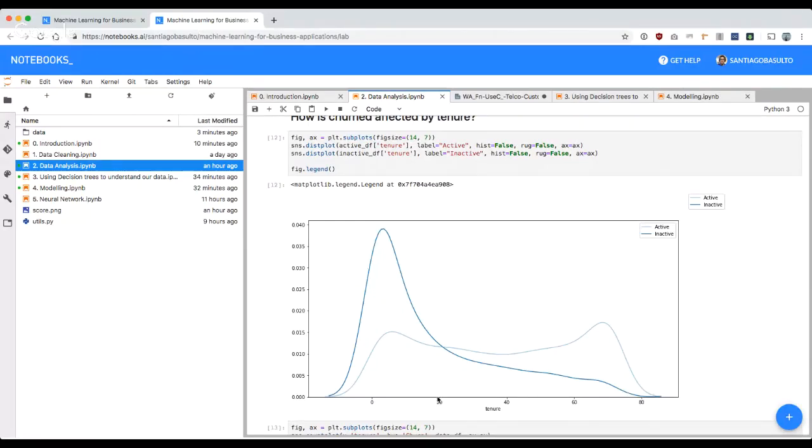So if there is a very important moment in which we should take action to retain a customer, it is before that 20th period. Under that curve, there's the highest concentration of churned customers. For those active, we see a flat, uniform distribution. Everybody is just staying there.